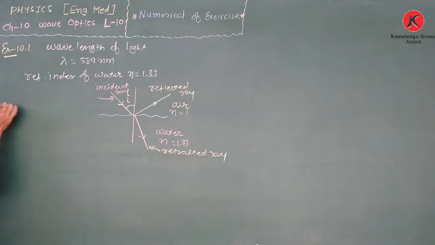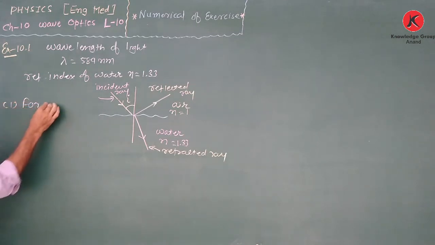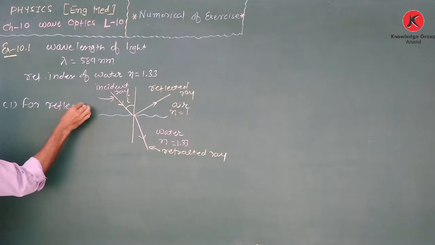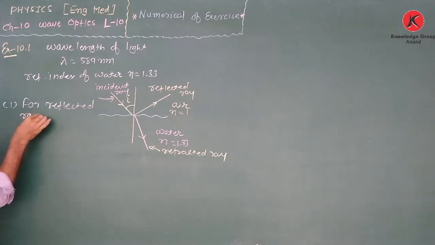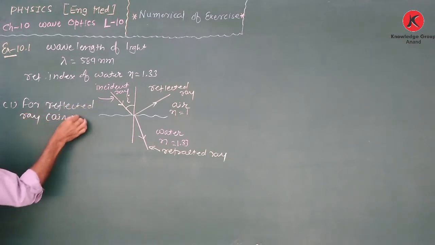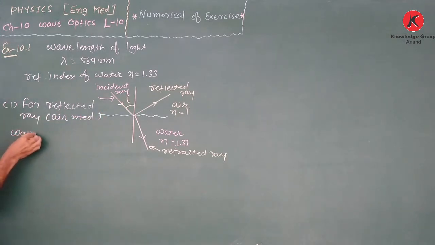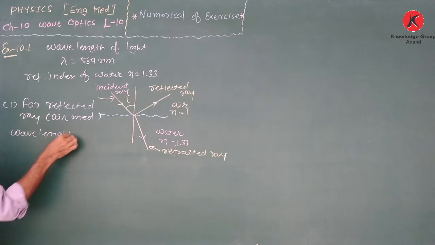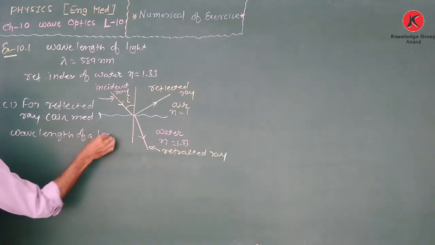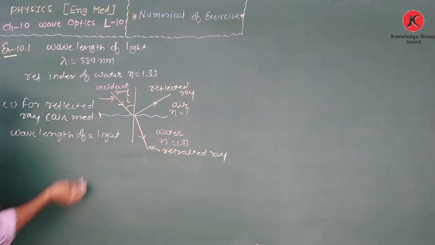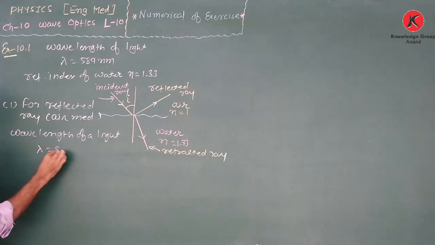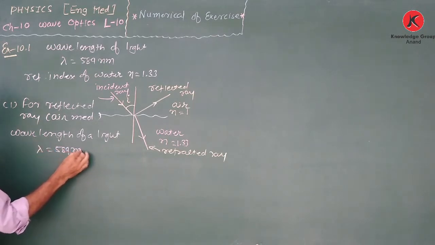First, for the reflected ray in air medium, the wavelength of light is the same as the wavelength of the incident wave. Therefore, lambda is equal to 589 nanometer.